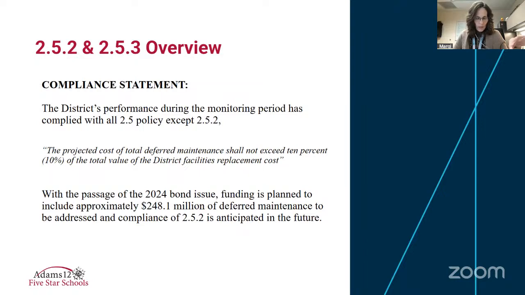Some items that are trackable now that were not in CostLab are landscape elements, such as grass areas, irrigation, playgrounds, scoreboards, dugouts, storage buildings. So these are just a few of the items that we didn't have in CostLab.